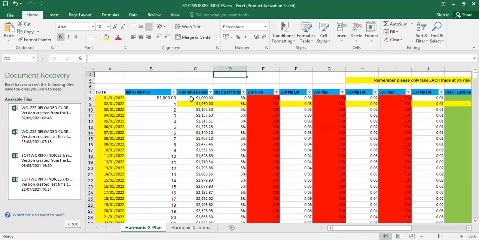In this case, we have $1,000. That means on any trade you are taking, on no account should your stop loss cost you more than $50. That's 5% of $1,000. So any trade you want to take, irrespective of who is dropping it, if the stop loss is going to cost you more than $50, you are not supposed to take it.